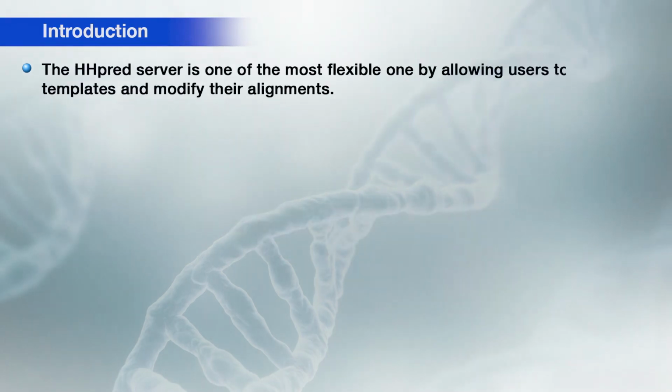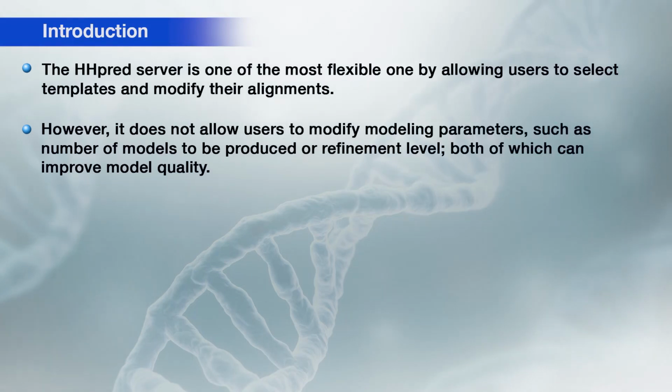This provides an interface that links its own template identification algorithm to Modeler to generate a 3D structure for further analysis. The HHpred server is one of the most flexible, allowing users to select templates and modify their alignments. However, it does not allow users to modify modeling parameters such as number of models to be provided or refinement level, both of which can improve model quality.